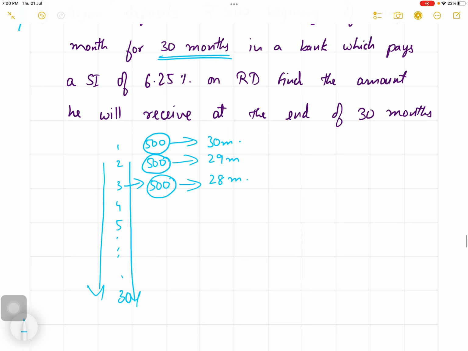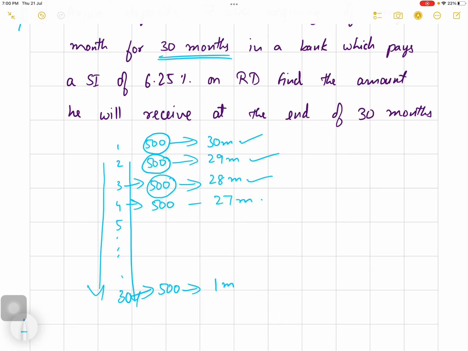On the 30th month he deposits 500, and this will be deposited for 1 month, so he will get interest only for 1 month. So on the first 500 he will receive interest for 30 months, on the second 500 for 29 months, on the third 500 for 28 months, on the fourth 500 for 27 months.